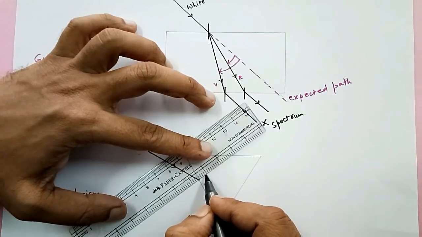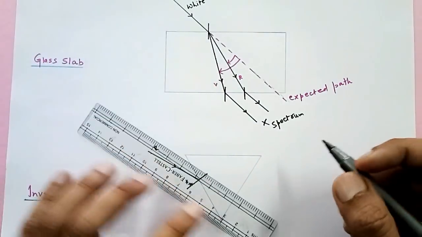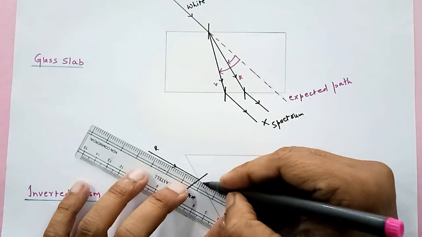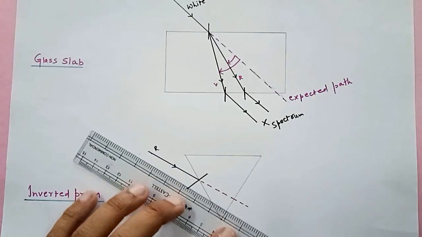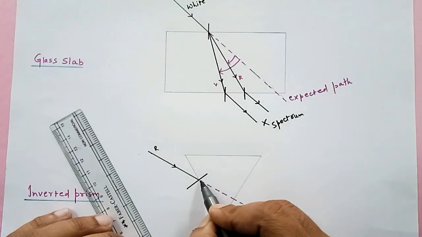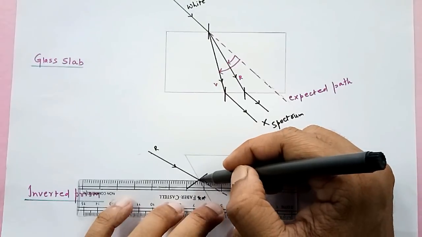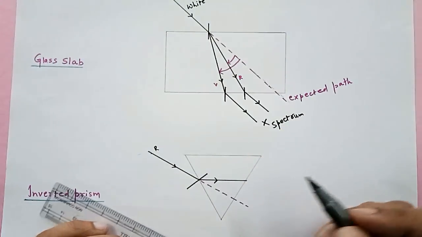The normal is always perpendicular, like this. The expected path is somewhat like this: in the absence of the prism the ray would continue to go like this, but now it will bend towards the normal. Towards the normal means something like this. Instead of going straight, it is bending towards the normal.